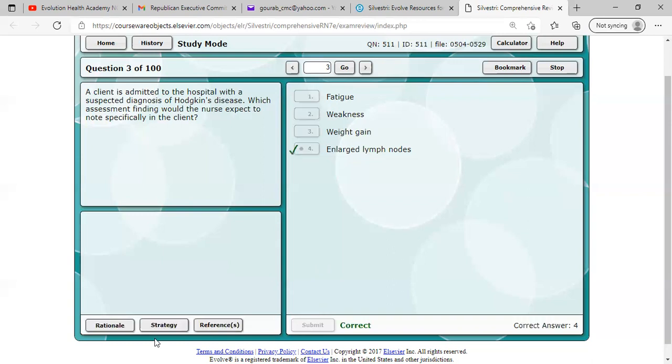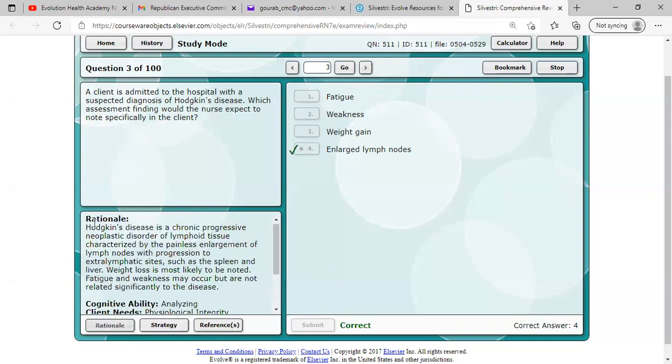Why does it occur? Let me read the rationale. Hodgkin disease is a chronic progressive neoplastic disorder of lymph nodes characterized by painless enlargement of lymph nodes, which progresses to extralymphatic sites such as the spleen and liver.